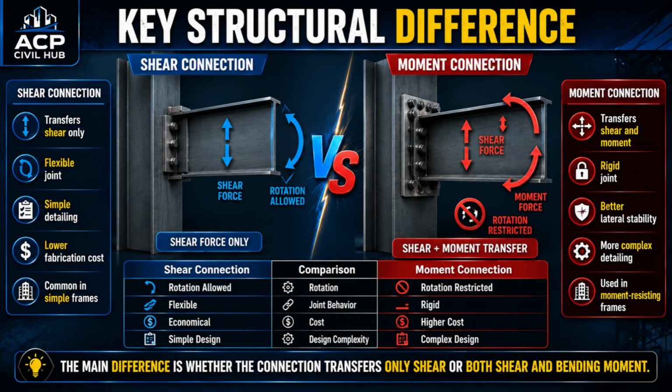Common moment connections include end plate moment connections, welded flange connections, and rigid beam-to-column connections. The choice of connection depends on structural behavior, load requirements, fabrication methods, and project specifications. Selecting the correct connection type is essential for both safety and economy.